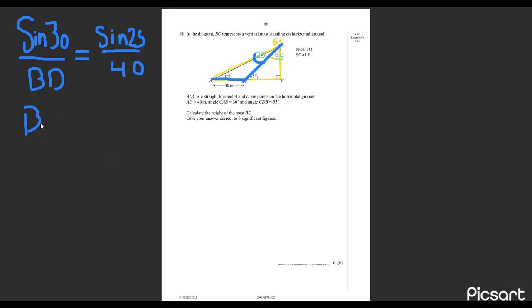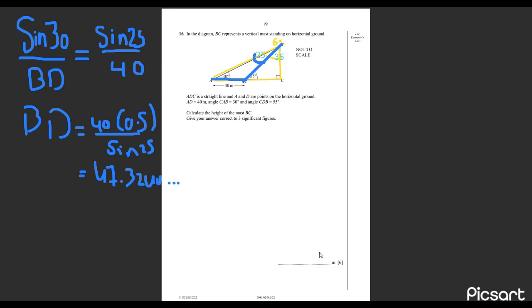So the PD on your calculator is 40 sine 30, which is half, divided by sine 25, which gives us a value of 47.3240 and so on. Remember that he asked for 3 significant figures, so don't forget. So now we can write here that this is equal to 47.3.